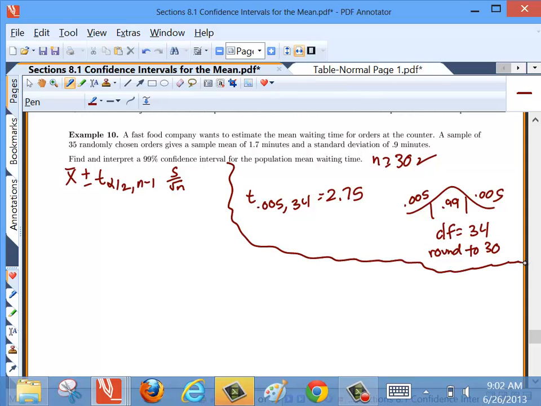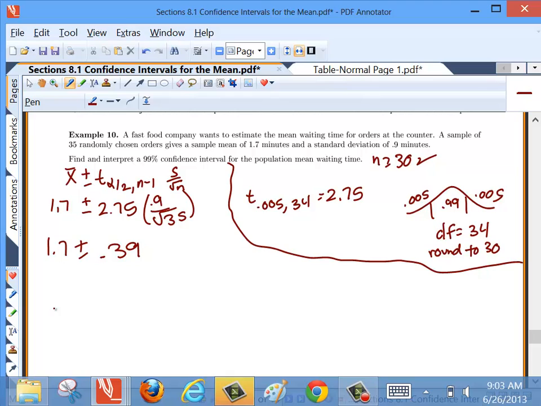So that's my preliminary work. Let's plug everything in. My sample mean is 1.7 plus or minus my critical point of 2.75 times s of 0.9 over the square root of 35. So 1.7 plus or minus 0.39.